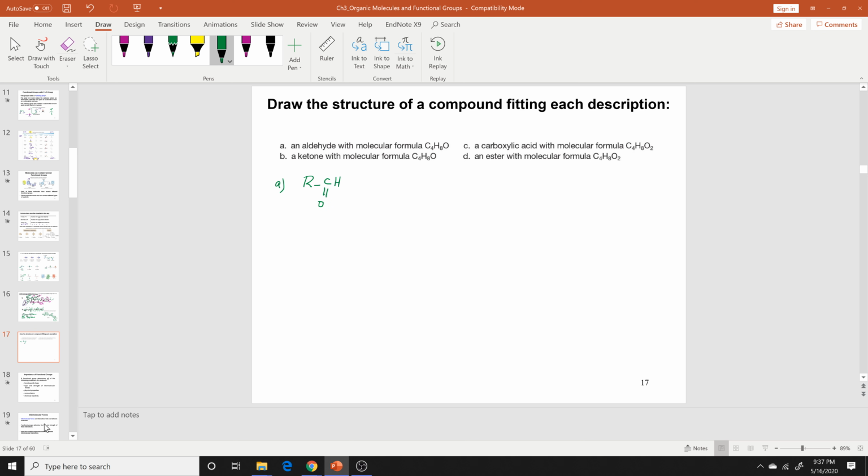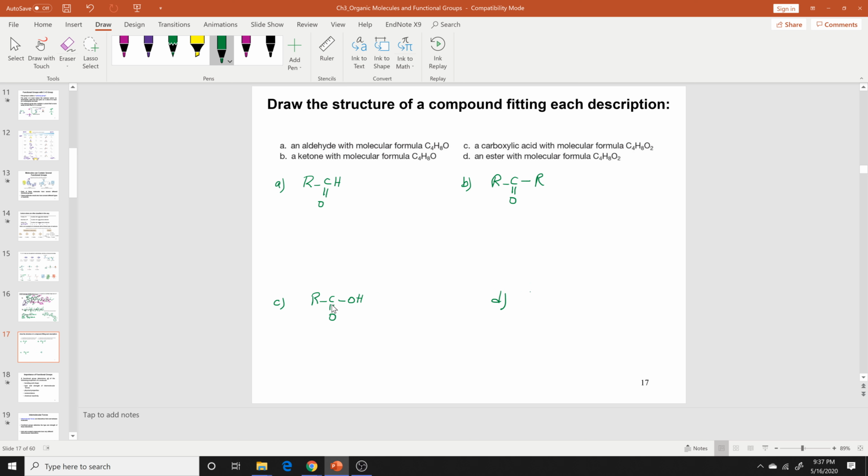This is the general formula of the aldehyde. For the ketone, the general formula is RC double bond OR. You have two R chains surrounding the carbonyl. And then for the carboxylic acid, it's an RC double bond OH. I always start by writing the general formula and then I make it specific based on the molecular formula.